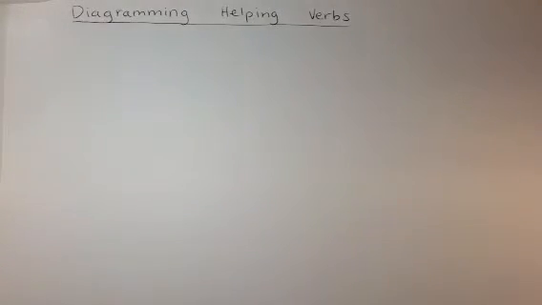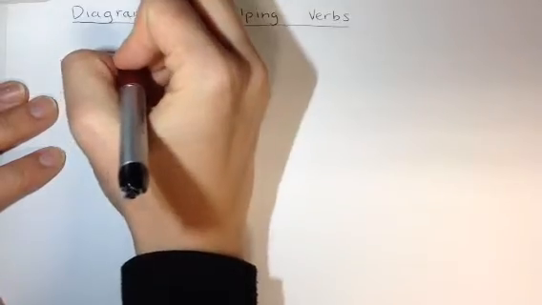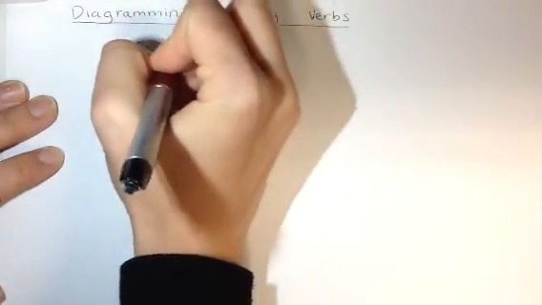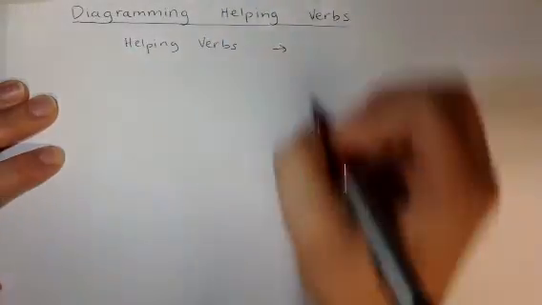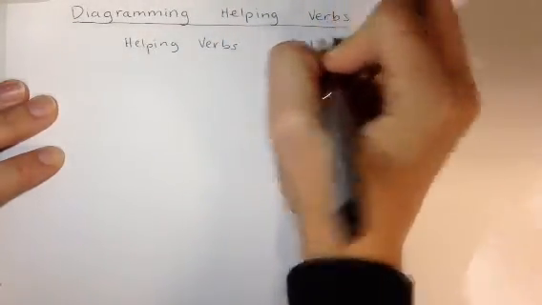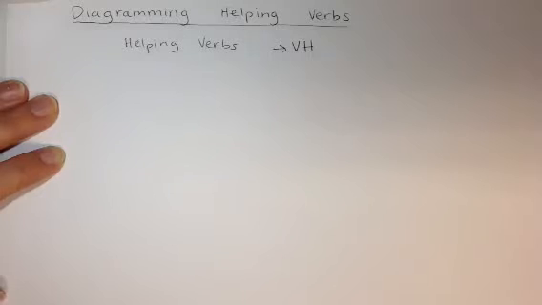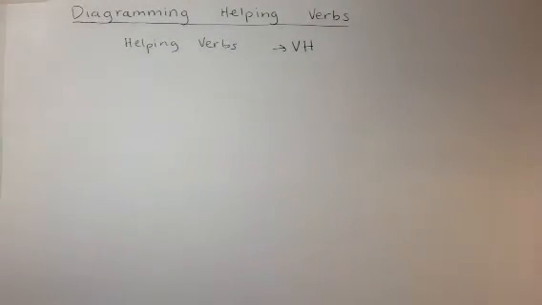So what you need to know basically for helping verbs is that helping verbs are marked as verb helping. Just like an intransitive verb is marked as VI, or a transitive verb is marked as VT, a helping verb is marked as VH.